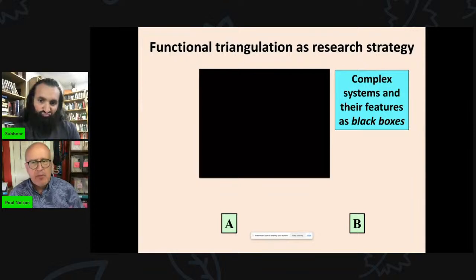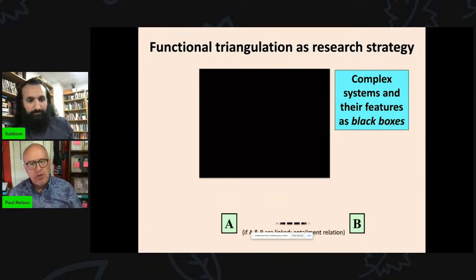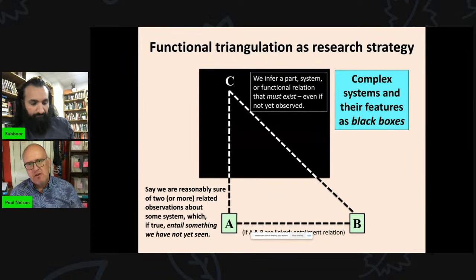You can think of complex systems and their features like black boxes, where the black box metaphor, as you know, conveys the sense that there's a lot of information within that black box that one cannot see directly. But we can infer its existence by doing what I've just explained, by triangulating from what we do know to what we haven't yet seen.